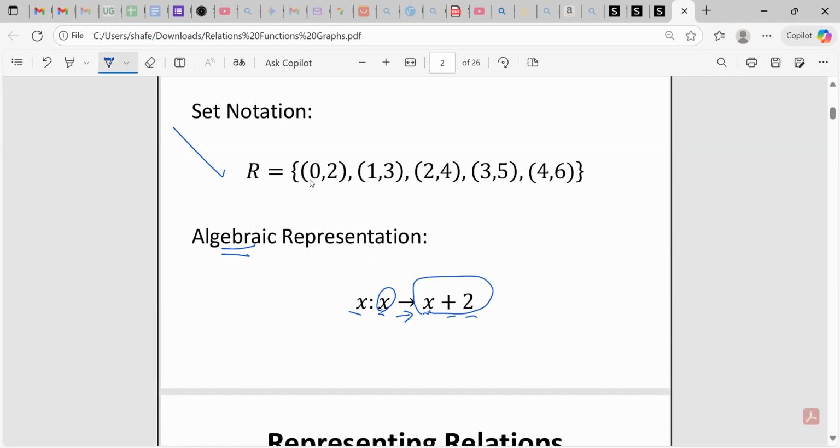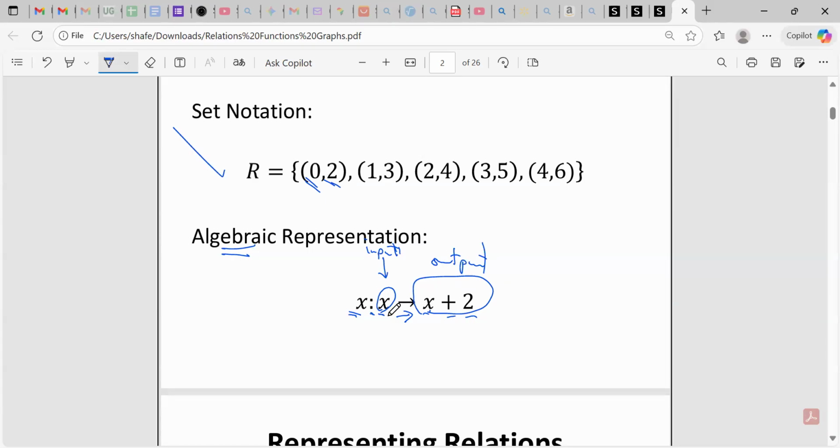You can see that 0 being the input, or the x value for this pair, x plus 2, which is 2, is the output. So this is the input, that's the output. So the relation is defined as x is such that, that's what this colon means, x maps onto x plus 2.